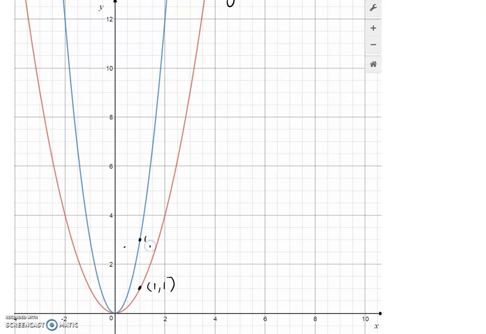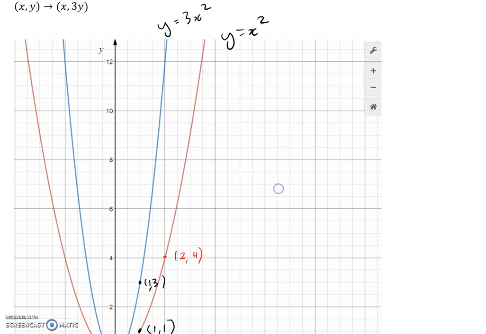There's a 3 there. Okay, so (1, 3). Now let's look at another point. That point there is (2, 4) along y equals x squared. And what is it along y equals 3x squared? Go up. That is (2, 12).